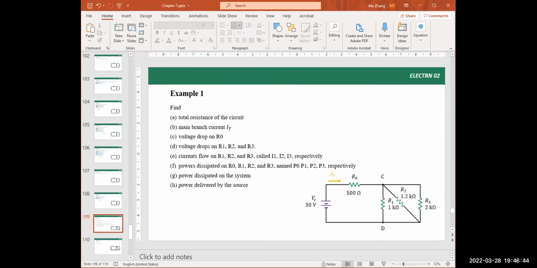Okay, let me go to Canvas first. This time I converted the questions. Before, all the test questions were in PDF. Everyone had to write the calculation steps, take a photo or type, and submit it to Canvas.